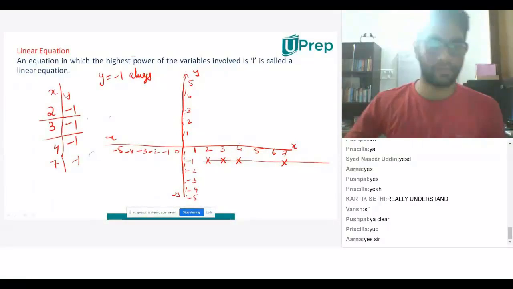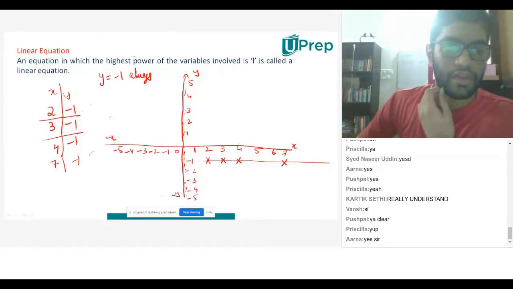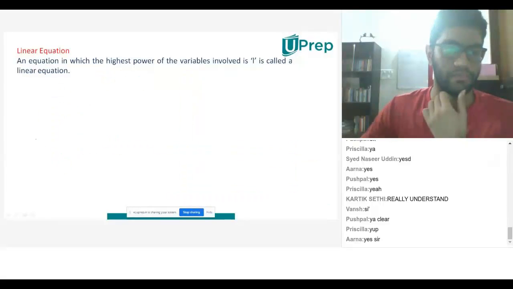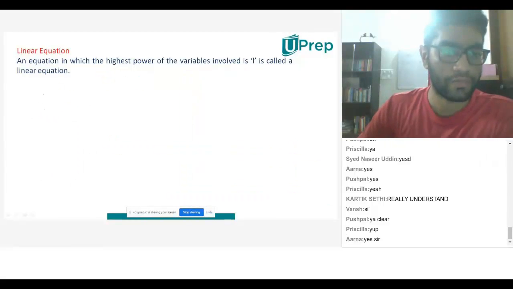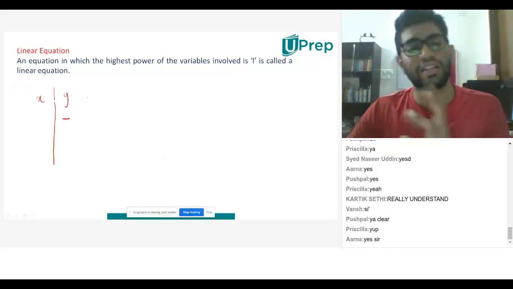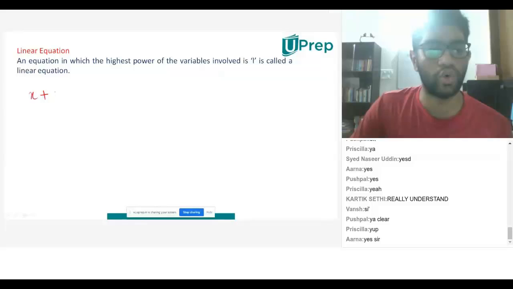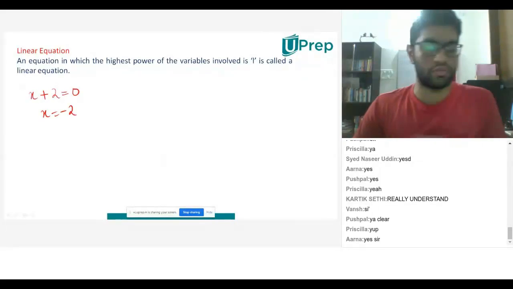Now guys, I took all the values of x as plus. Now, I told you we have x and we have y. Let's take another example, okay? Don't worry. X plus 2 equal to 0. X equal to -2.